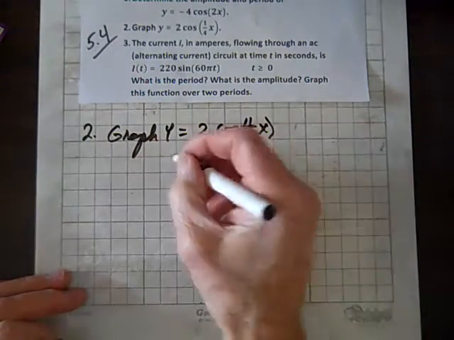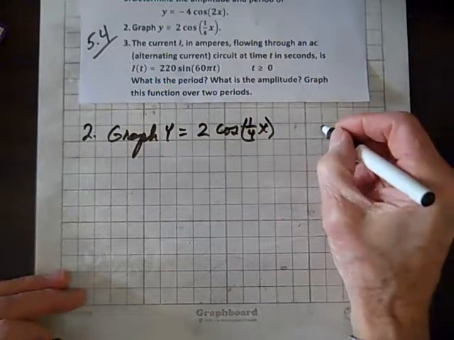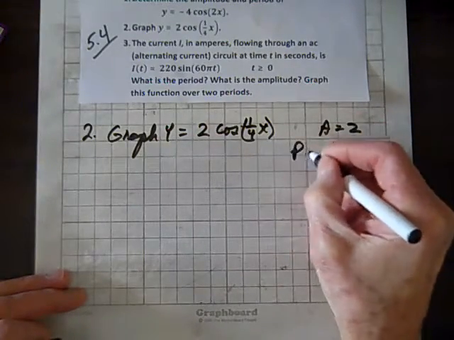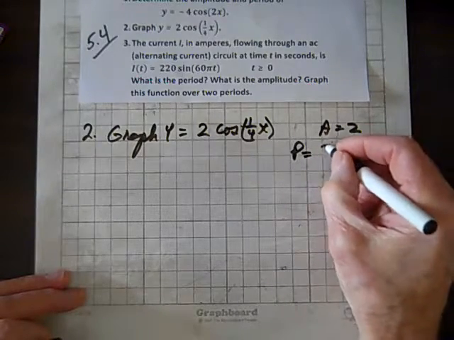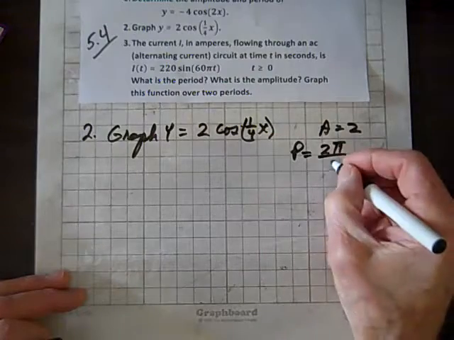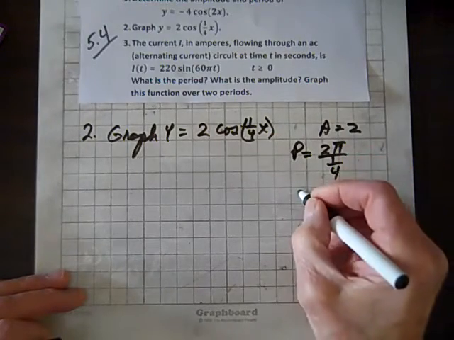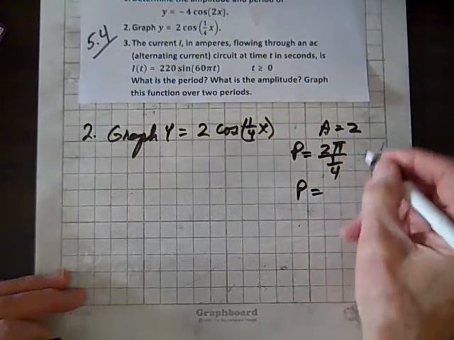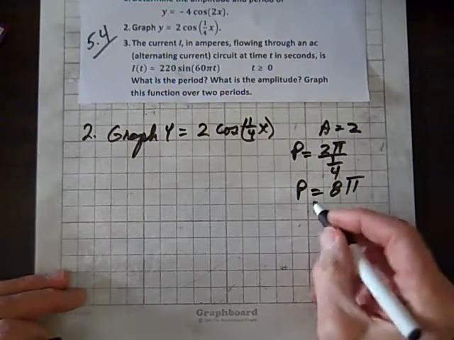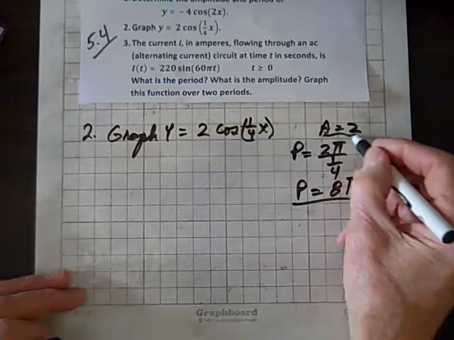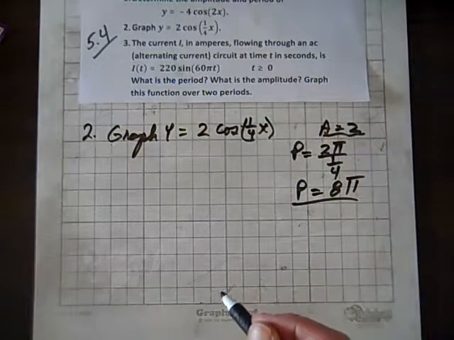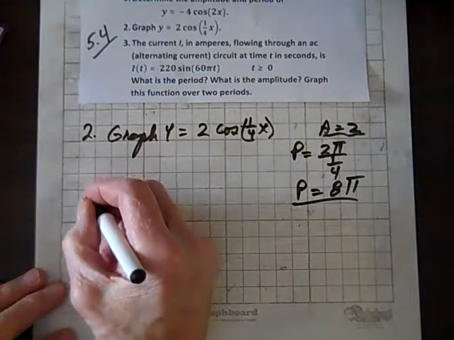So we know the amplitude equals 2, and the period equals 2 pi divided by b, and b is 1/4, so when you invert and multiply, you get 8 pi. Okay, now let's graph away, and I'll just graph it over one period.